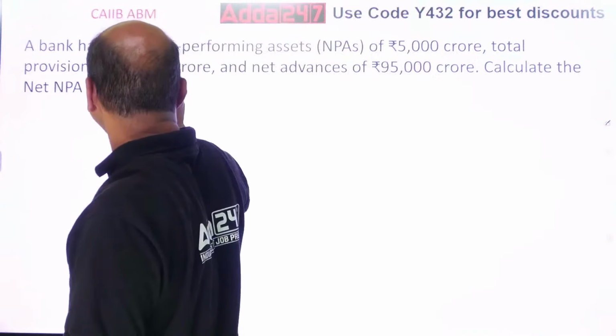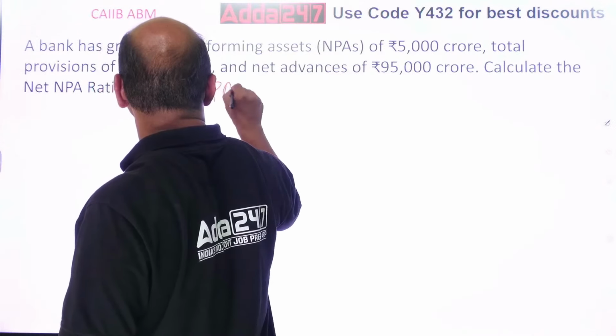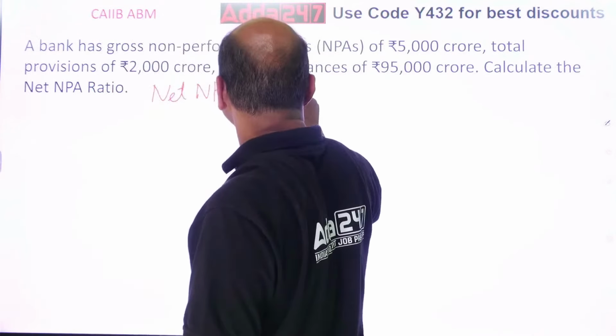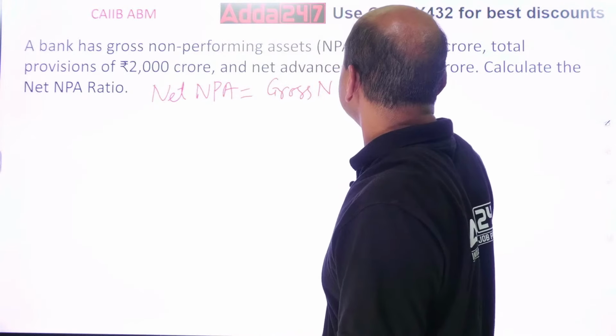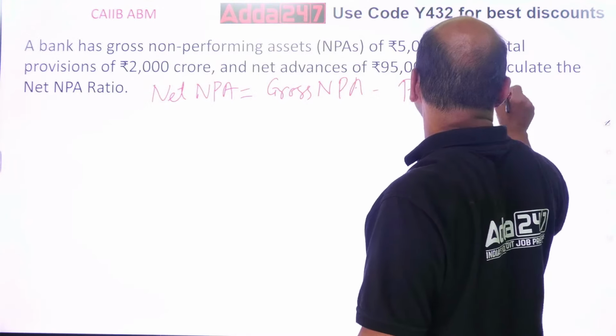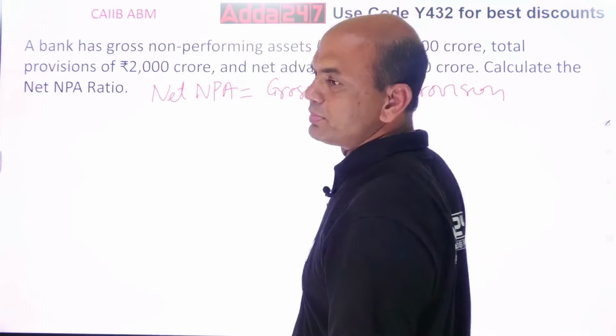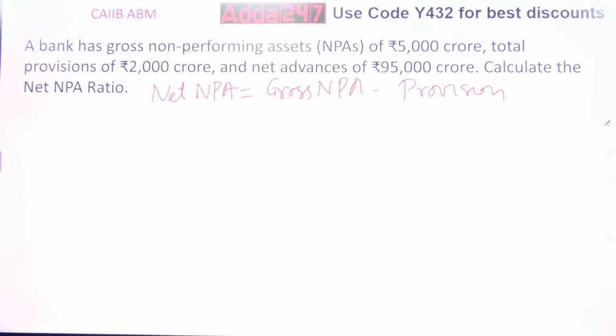Net NPA is equal to gross NPA minus provision. Kindly remember this basic equation. Your net NPA equals gross NPA minus provision.